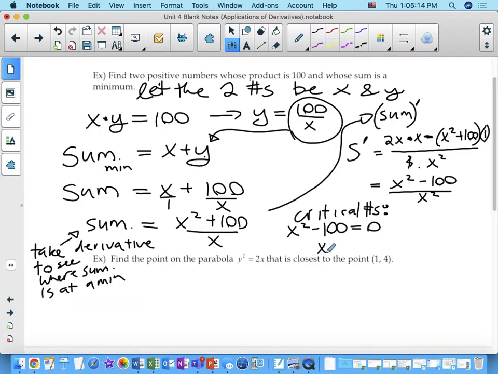Then I'm going to get x squared equals 100 and x equals plus or minus 10. Okay. Now, we also have to go back and make sure that we pay attention. We have to be positive. So in this case, x has to equal 10.